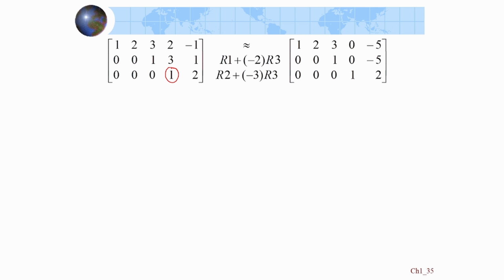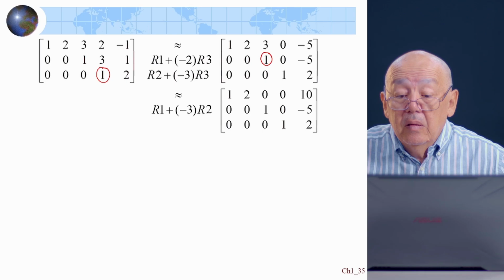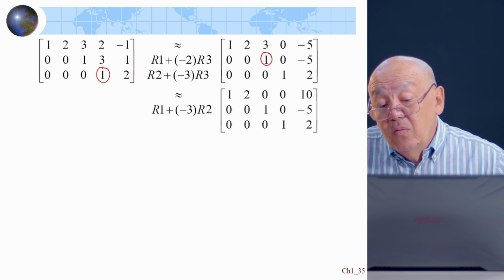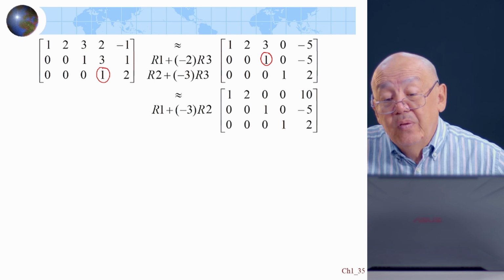Now you use the next pivot, this one, to clean the third column. Easy. R1 minus 3 R2. You get this. And indeed, we already get the reduced echelon form. So you can write the answer.